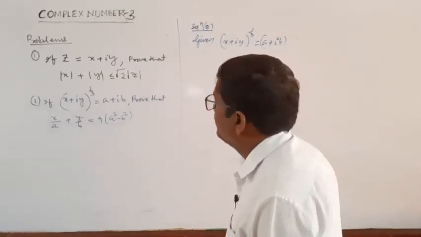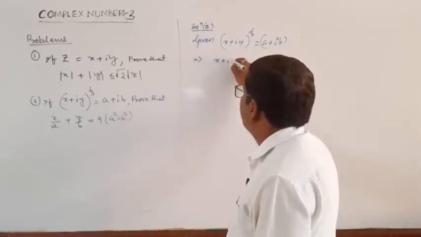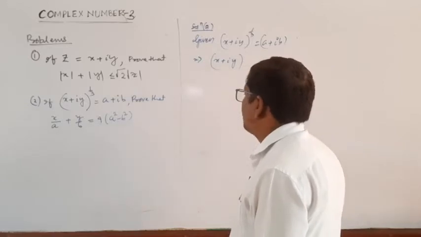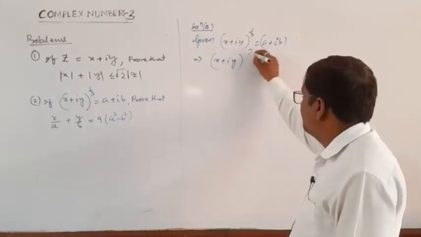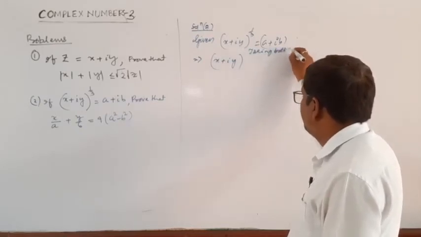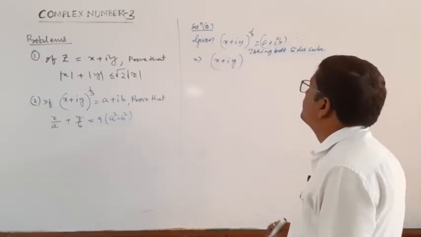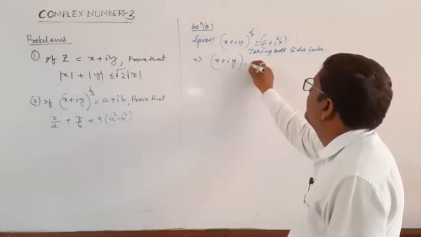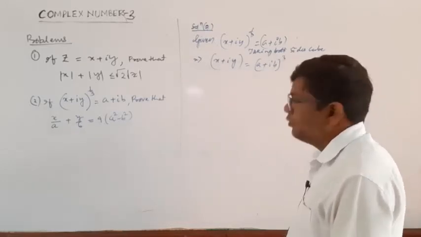Now that implies x plus i y power 1/3, taking both sides cube. So x plus iy is equal to a plus ib whole cube.